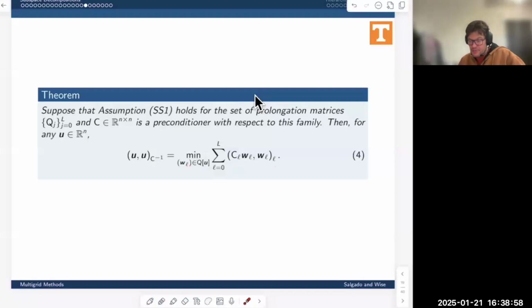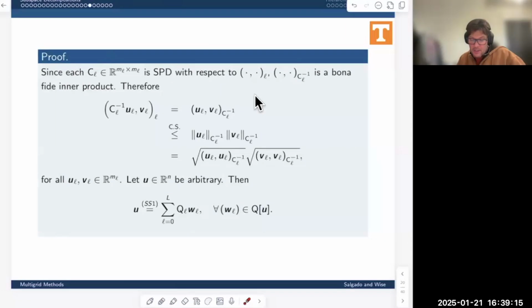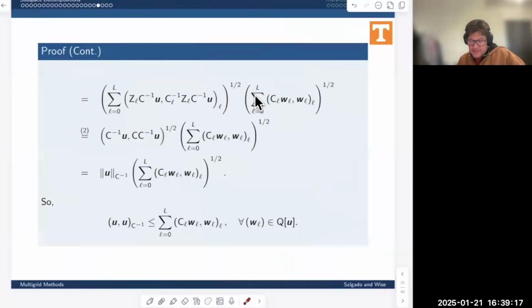So this is very strange, but it turns out to be quite useful and quite a nice tool for when we want to estimate the sizes of eigenvalues, the maximum and the minimum eigenvalues. I'm going to skip the proof because we did it last time.